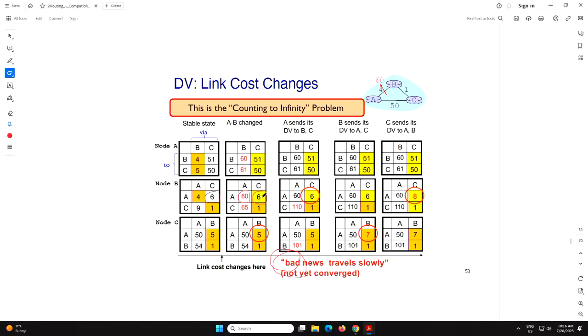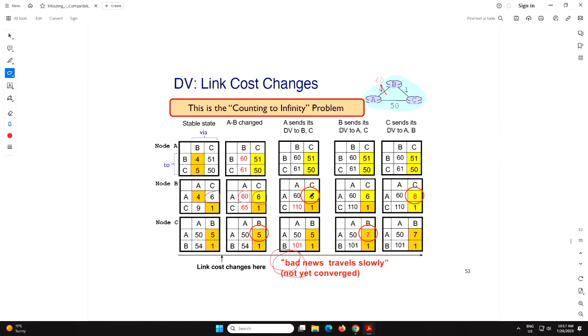and 6 is retained by B as the minimum cost solution in its distance vector routing table. And this is going to create problems. As you see, this 6 is not increasing quickly.